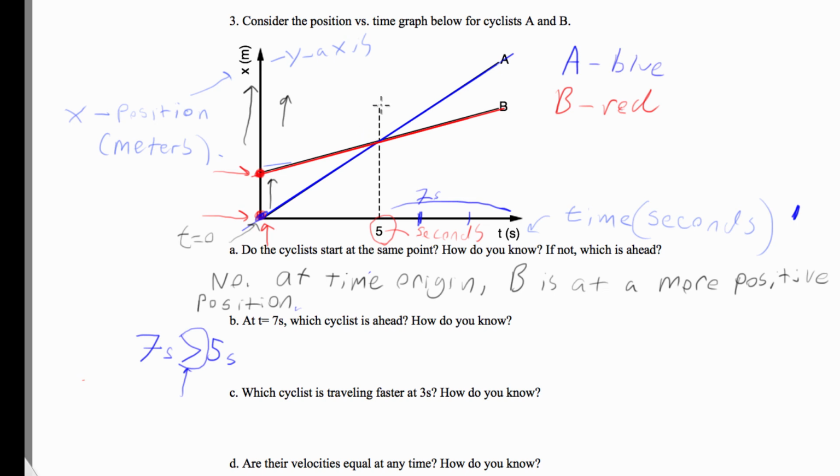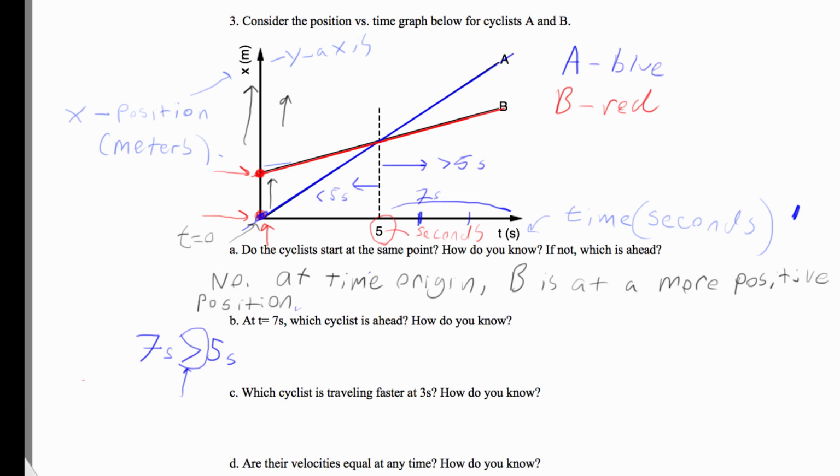So if I look at this dotted line, everything to the right of that line is more than 5 seconds. Everything to the left of that line is less than 5 seconds. So 7 seconds has to occur in the area I'm about to shade in.